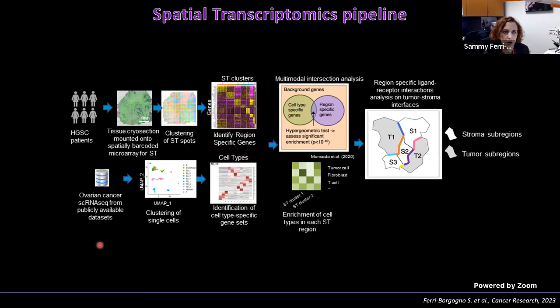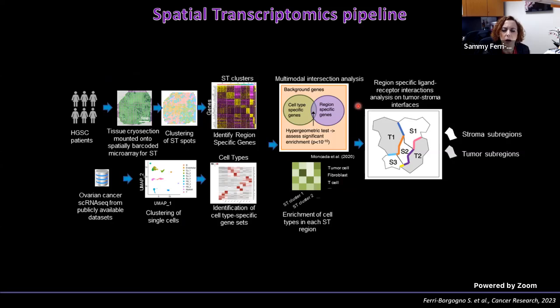Then we took advantage of publicly available ovarian cancer single-cell RNA-seq datasets, and we performed our own analysis to identify cell type-specific gene sets. Then we utilized multimodal intersection analysis, and we performed a hypergeometric test to assess significant enrichment of cell types in each spatial transcriptomics spot.